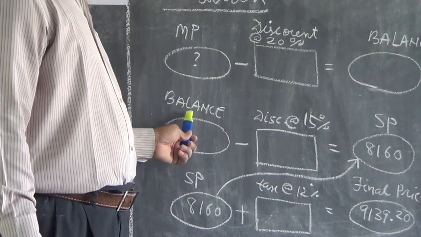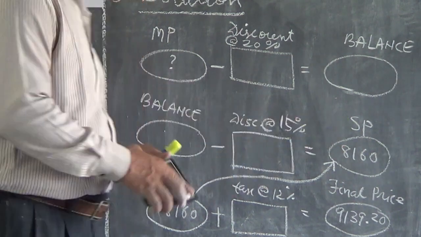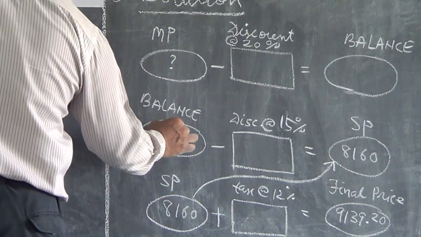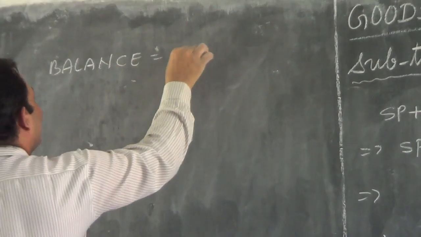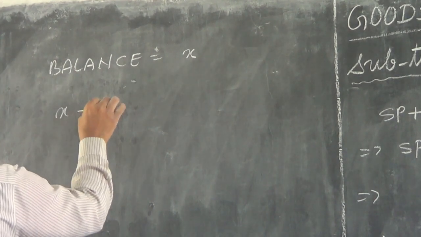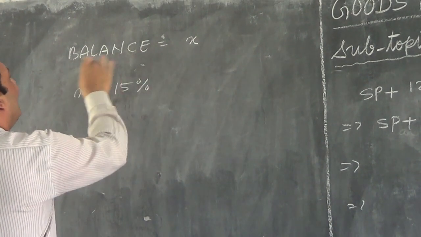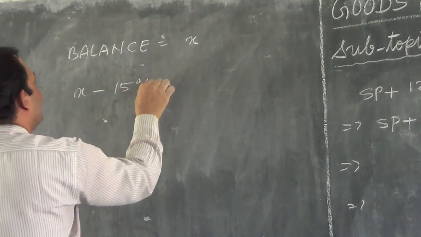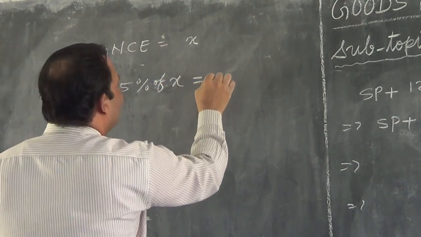So 100% minus 15%, that is 85% of the balance is 8160. We have taken the balance as x, because balance is a long word. That is the only reason. 8160.